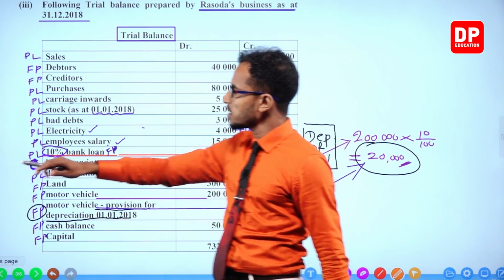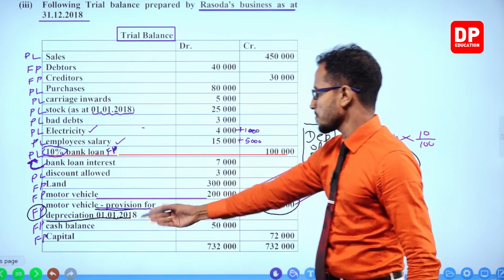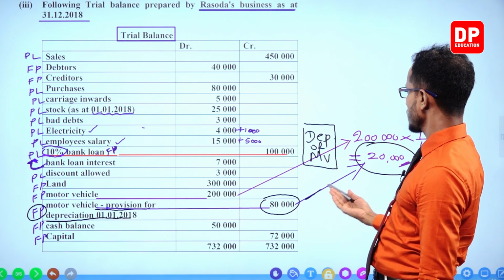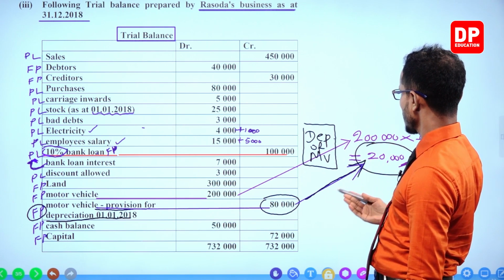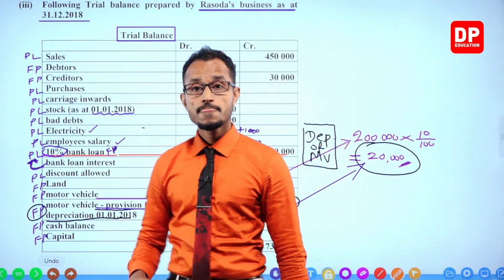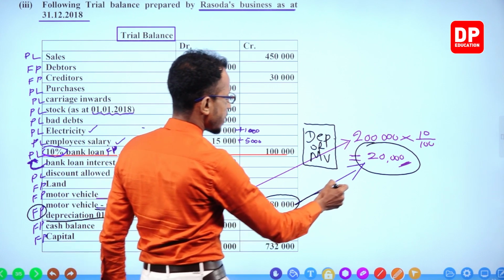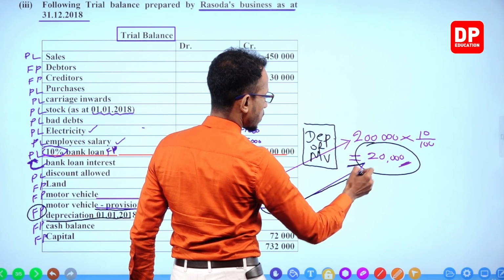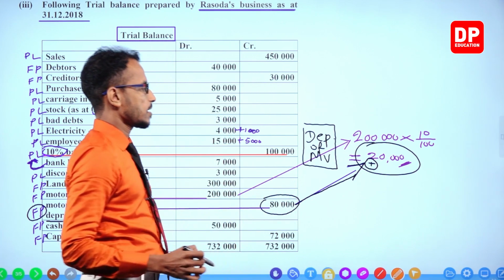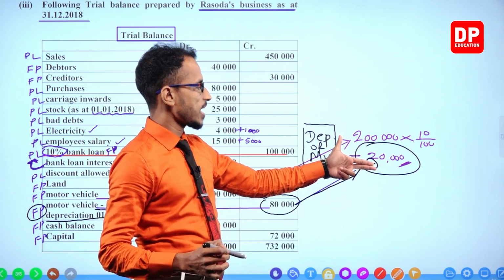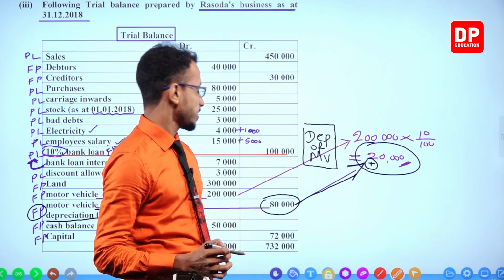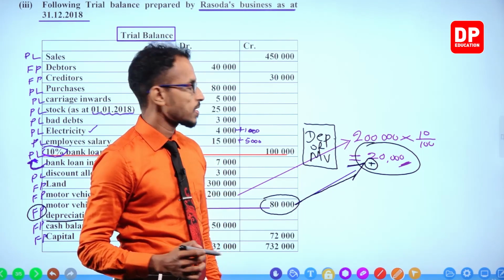Because this 80,000 was added to the 20,000 that we calculated. Yeah, 80,000 plus 20,000, it's 100,000.